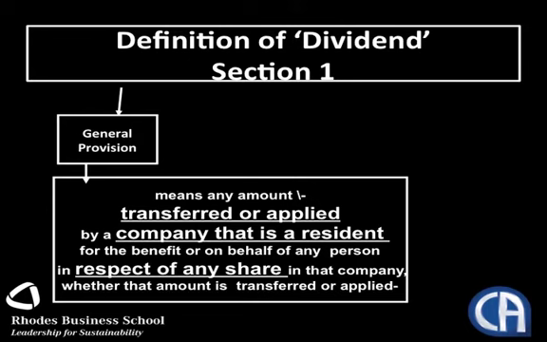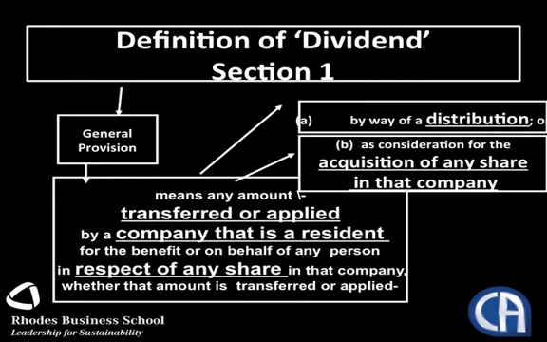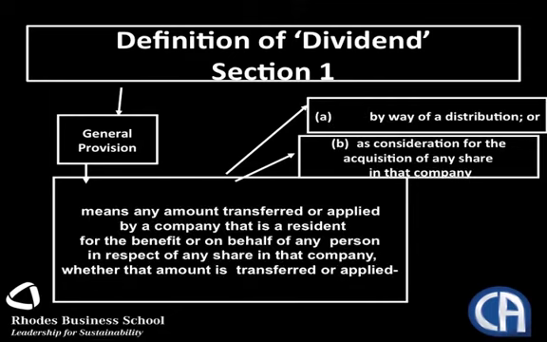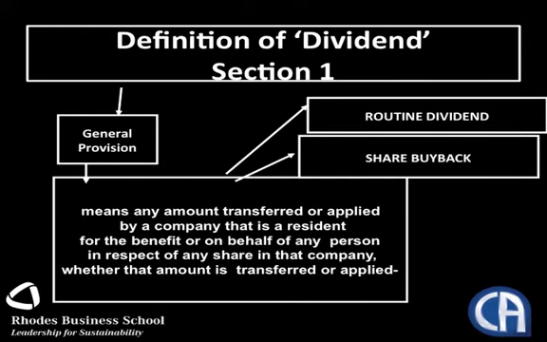Nice and simple, and then it extends it just a little bit, where it says, right, take that and extend it by way of distribution or as the consideration for any share in that company. Simplify that down to a routine dividend and a share buyback. Those are the two things that fall in the definition of dividend.